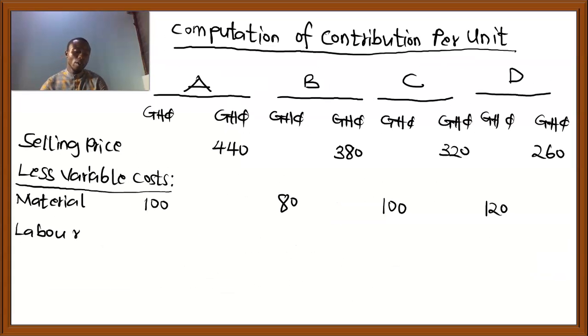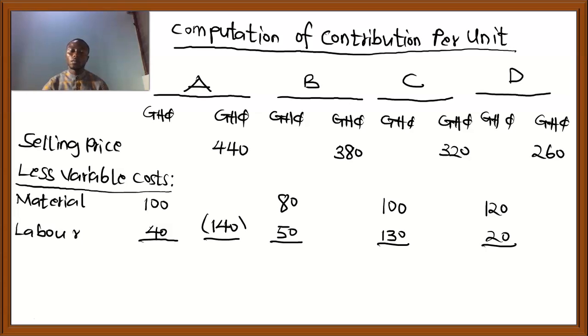So A, when we do the multiplication, we have 40. And for B, we have 50. For C, we have 30. And for D, we have 20. So when we sum up, 100 plus 40 will give us 140. 80 plus 50 will give us 130.